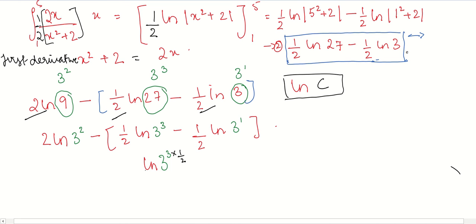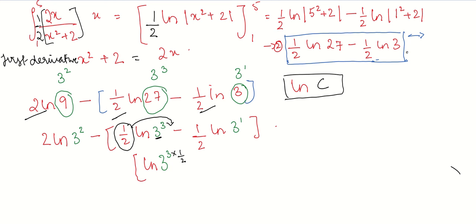Whatever power is there, we bring it down, so we can even take it up in the similar way, bringing it to the base's power. That means multiplying with the existing power, that's 3 multiplied by 0.5 or 1 by 2. Okay, so now we have basically this.